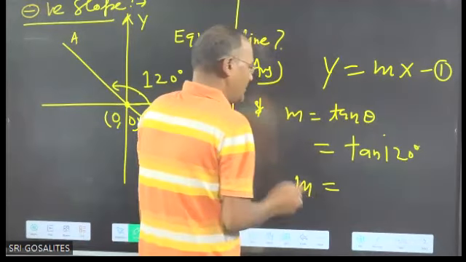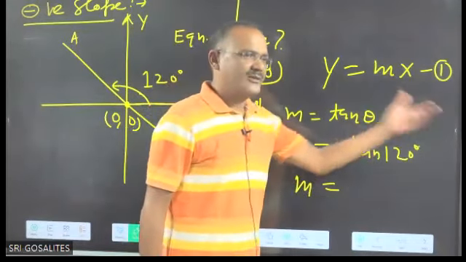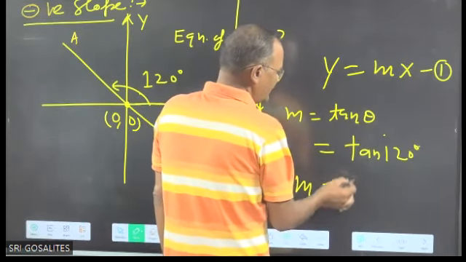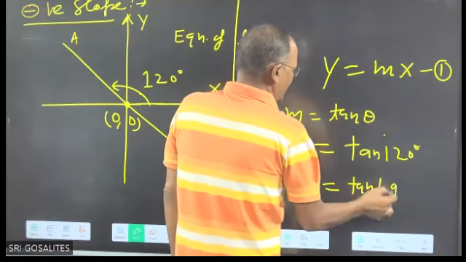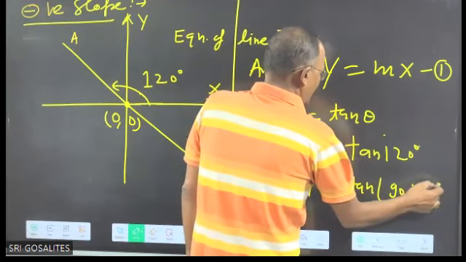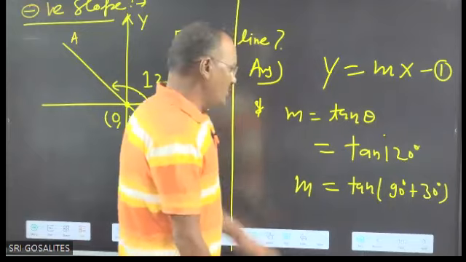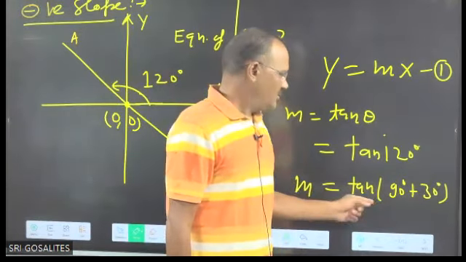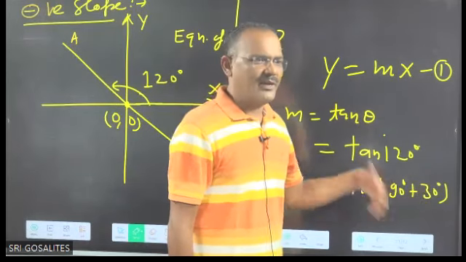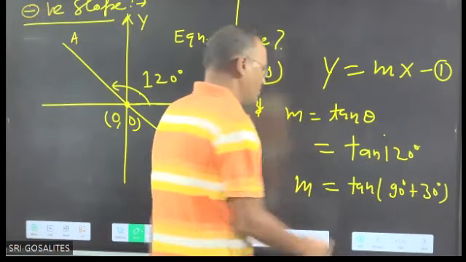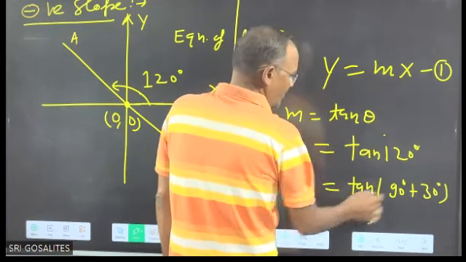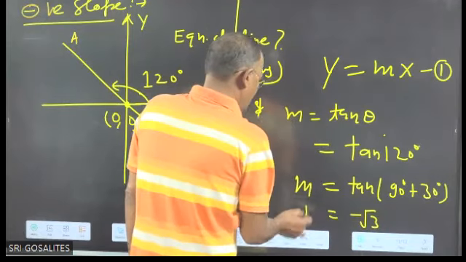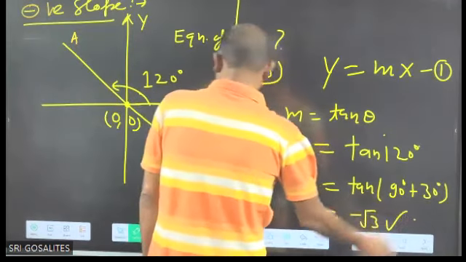Do you know what tan 120 is? 90 plus 30, so it will become cot 30, like this: tan of 90 plus 30. You know these conversions already. I hope it's completed in trigonometry. So it converts into cot 30, meaning tan 60, and that is negative here. So m is minus root 3.